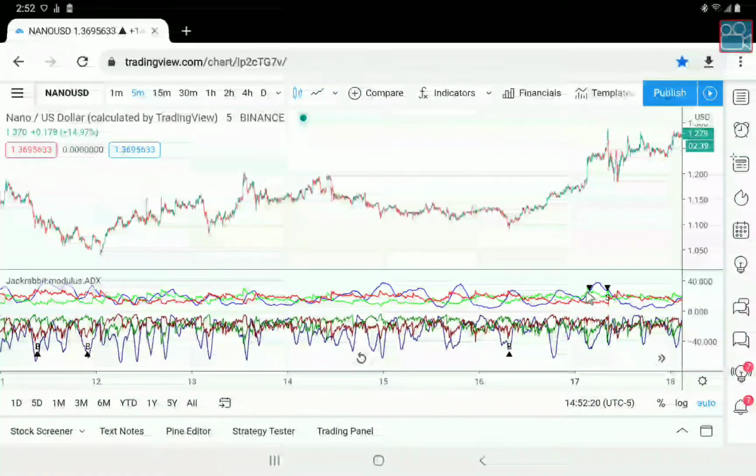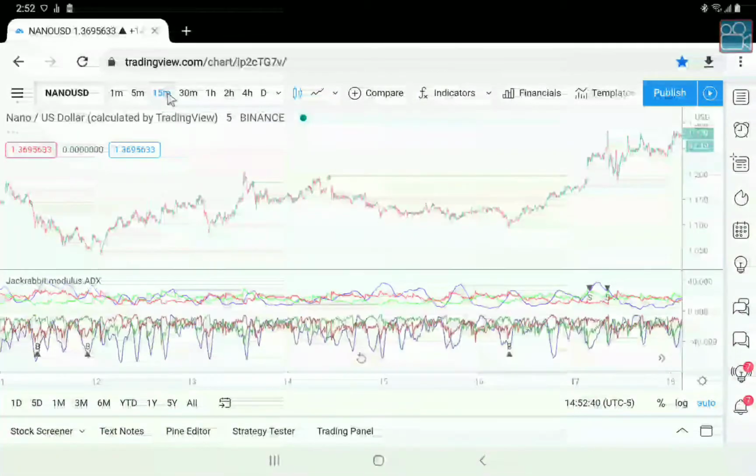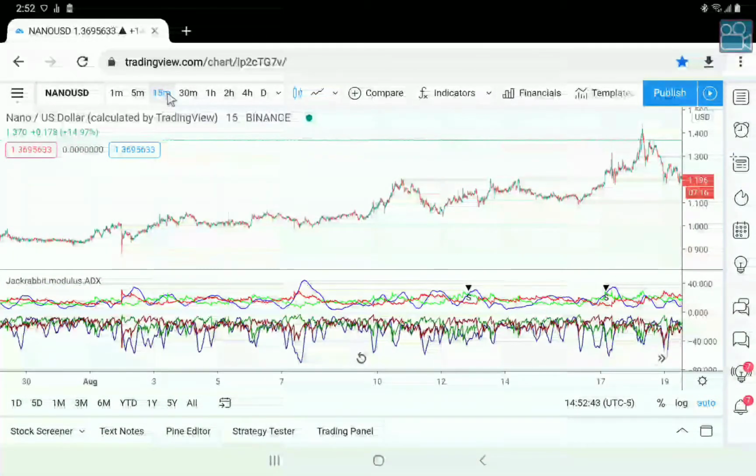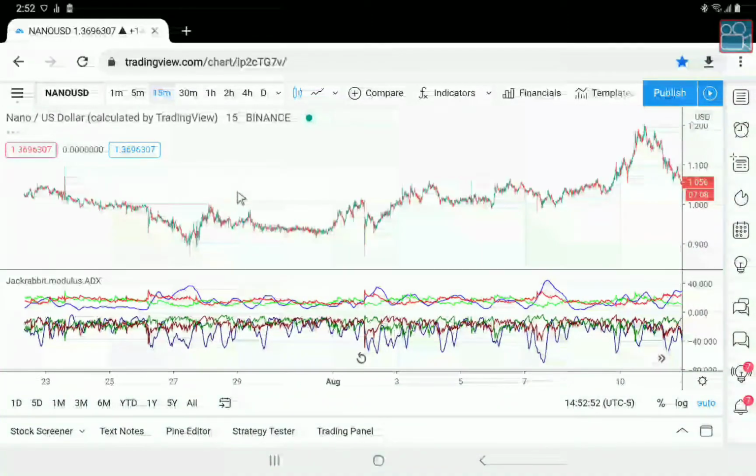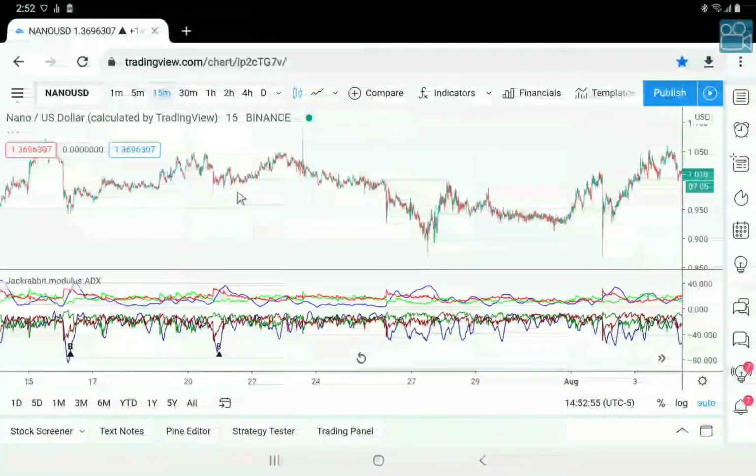ADX is one of the simpler modules that Jackrabbit Modulus has, and it is also one of the most useful modules for finding trends. One of the benefits that ADX offers is you can use it on a higher time frame to help scalp out good opportunities that can then be represented in a lower time frame with other indicators as a confirmation.